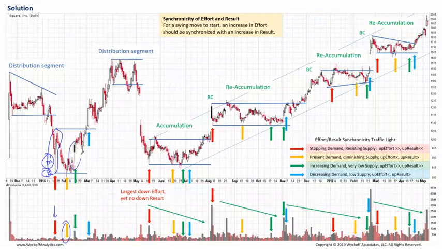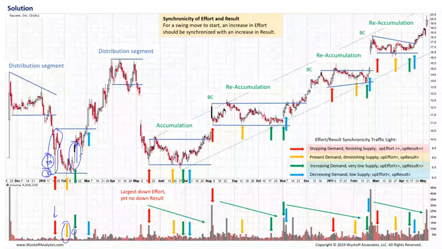Then demand is going to win in the accumulation, and this is where we're going to observe the increase of the demand and increase in the result as well. Once that is done, the price could travel up on lower demand signature that would identify an ease of movement. This process will repeat itself over and over.